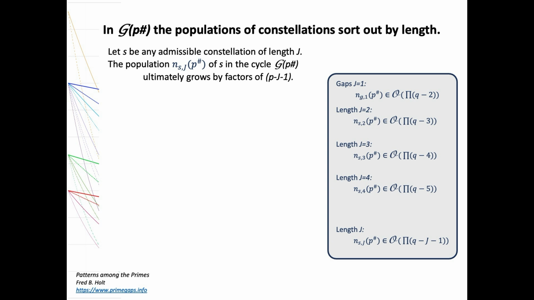So we see that the populations of all gaps grow by the product of prime minus 2 ultimately. Constellations of length 2 grow by the product of prime minus 3. Of length 3, populations grow by the product of prime minus 4. And we see the general form.